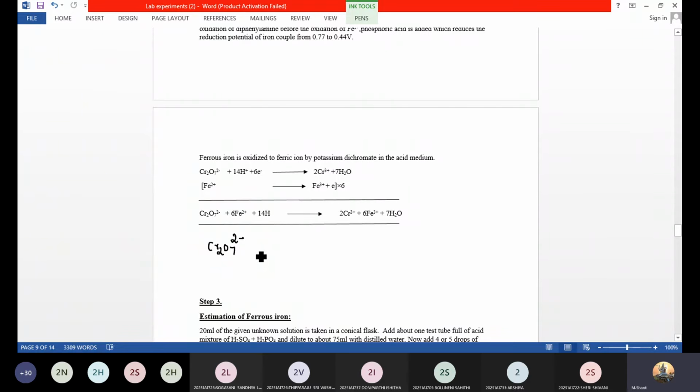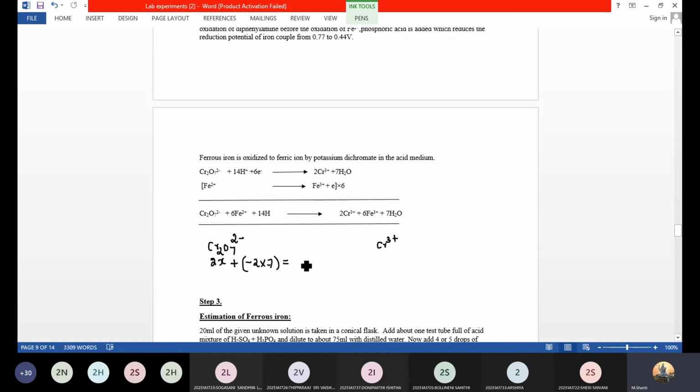There are 2 chromium atoms, therefore 2x, plus how many oxygens? 7 oxygens, each oxygen carrying -2.